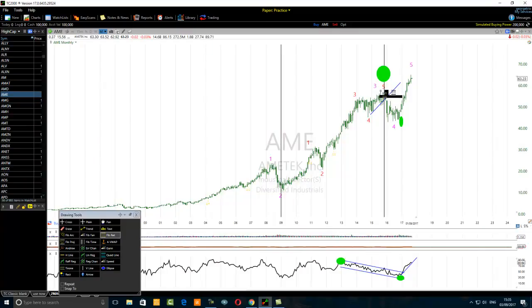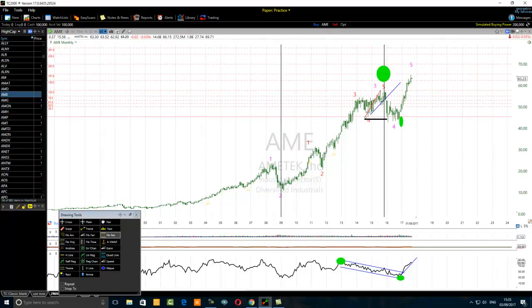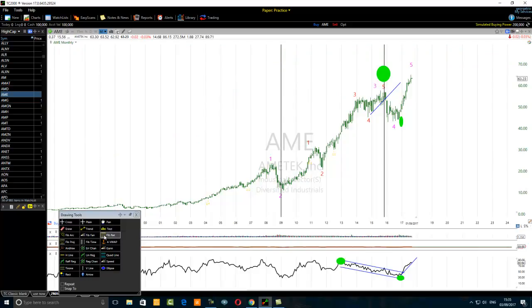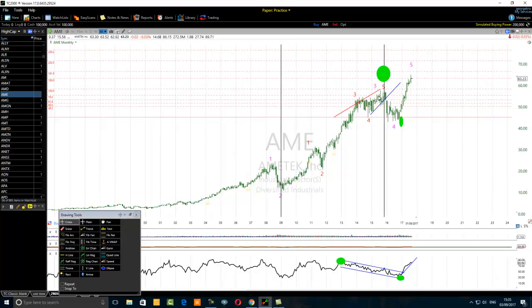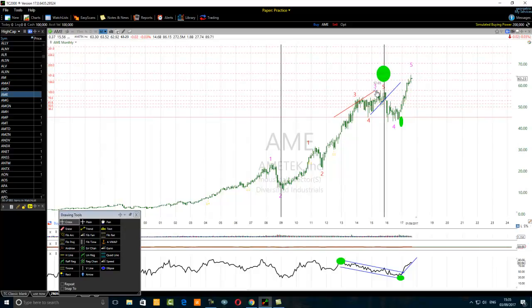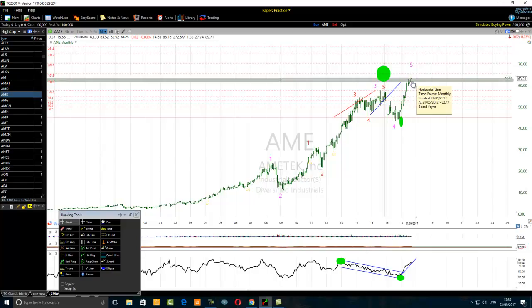Apply Fibonacci extension to that fifth wave and highlight the 138.2% from the top to the bottom. Where is it? Yes, it's this here. So that's where we are now, 138.2% Fibonacci extension level of that fifth wave.